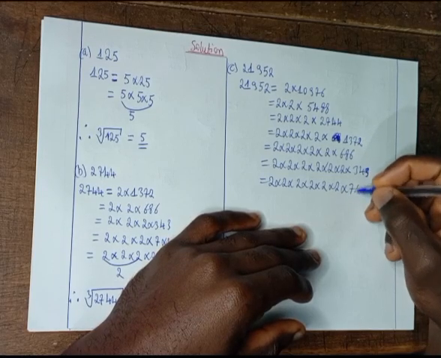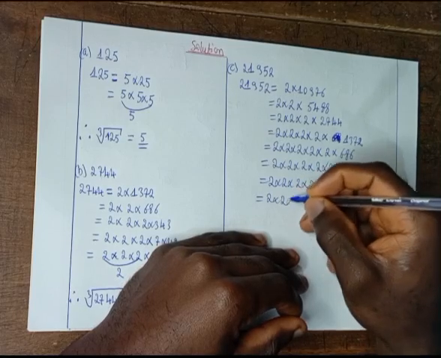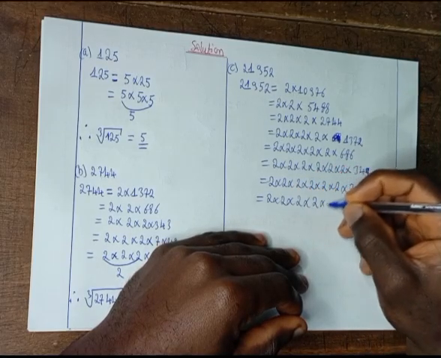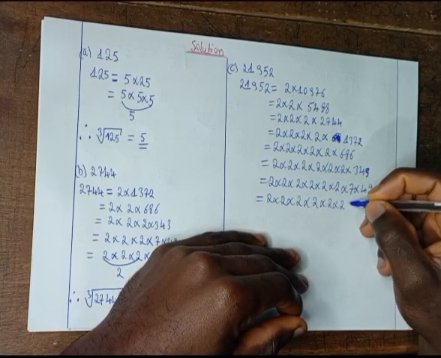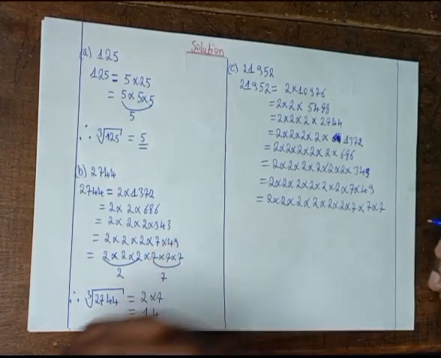So this will give us 7 times 49, which is equal to 2 times 2 times 2 times 2 times 2 times 2 times 7 times 49. We know 49 is 7 times 7.